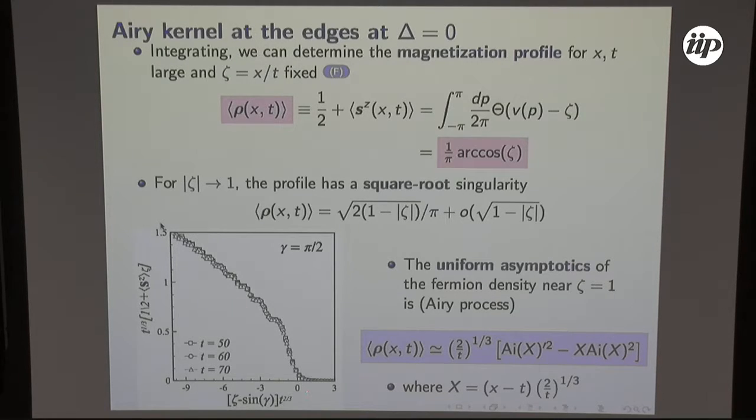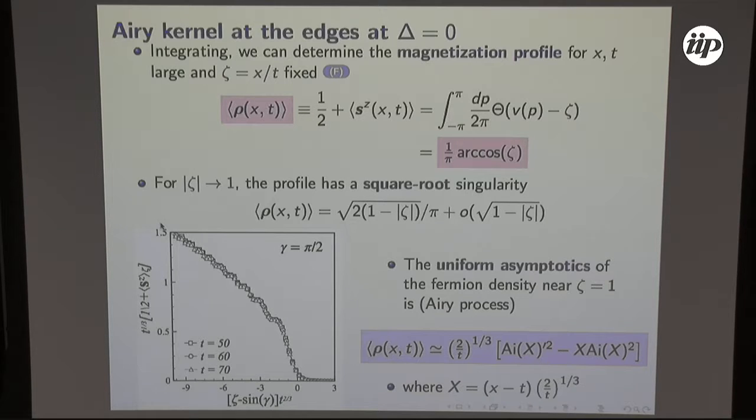This square root singularity means, if you know a bit the story, that you can get a better approximation for the density, which is not this arccosine, very close to the boundary here, when it crosses from something different from 0 to 0. The density has this form with an Airy function. Big X is x minus t over t to the 1/3, which is related to the Tracy-Widom distribution.